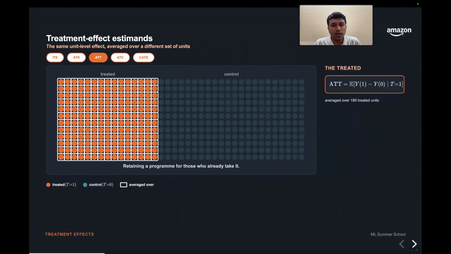So if you think of the entire population, if you look at this grid, every point represents a person, let's say, who had the potential of getting an internship or not getting an internship, right? So let's say this is our observed data. Now there is a subset treated, where we have people who actually did an internship, and there is another subset control, which has the set of people who did not do an internship, right?